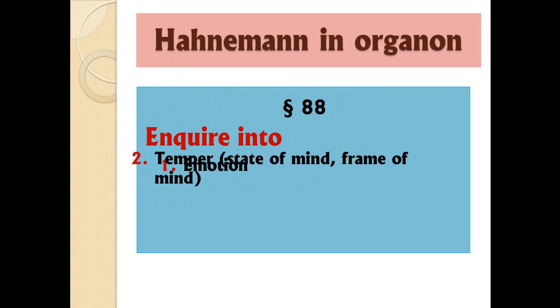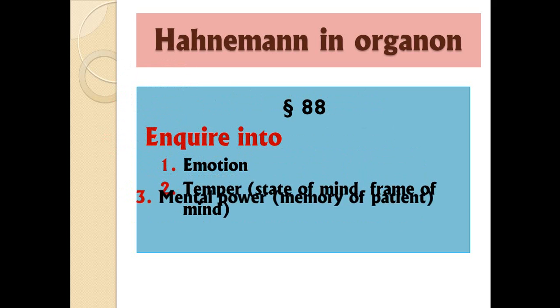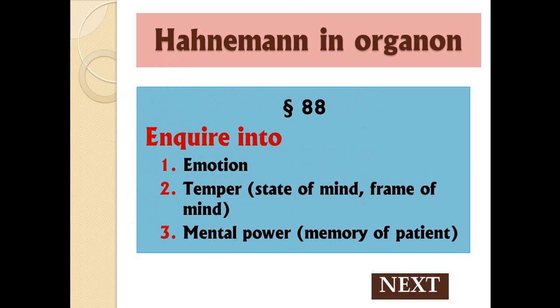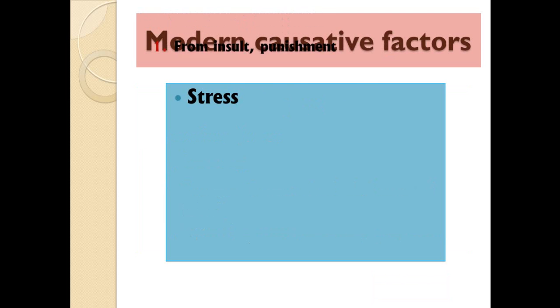Even Hahnemann in Aphorism 88, as we have also seen earlier, says inquire into emotion. It is mind importance, temper, state of mind, frame of mind, and mental power or memory of the patient. These things are to be examined. So Hahnemann also emphasized these particular things, because here the individualization of the patient can be placed.